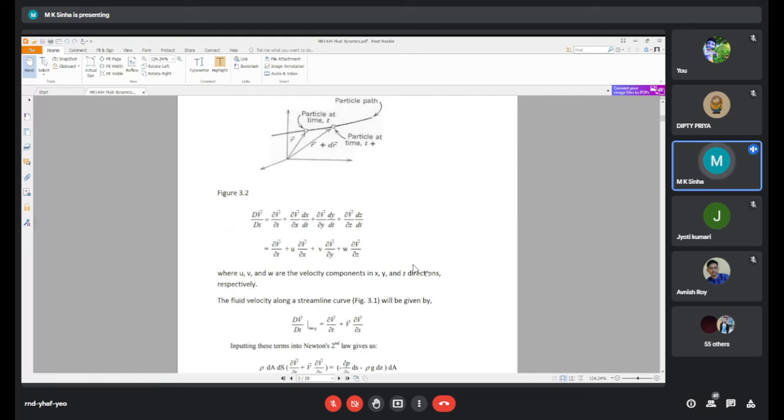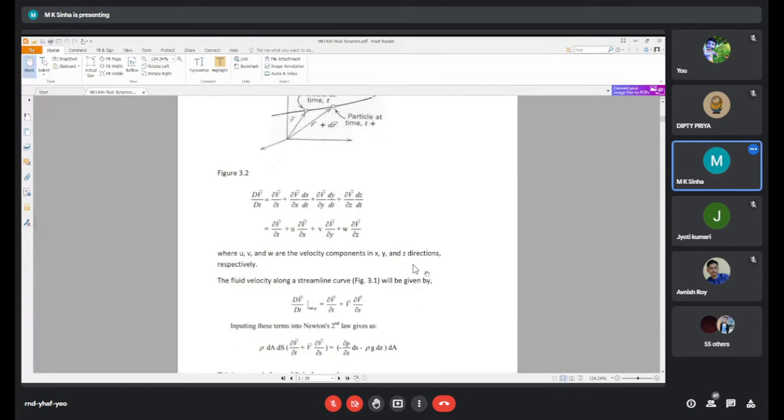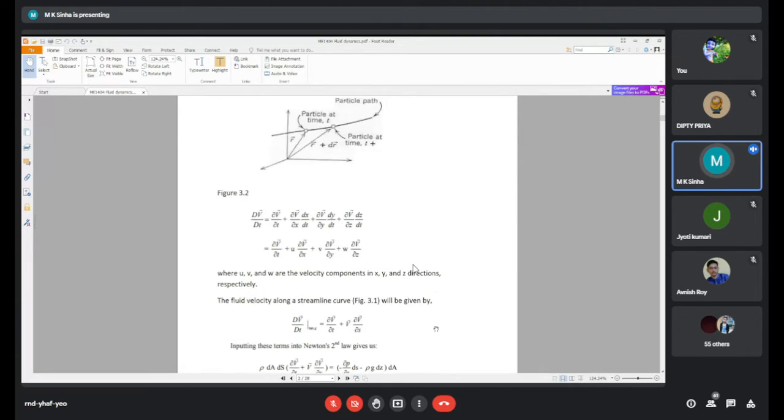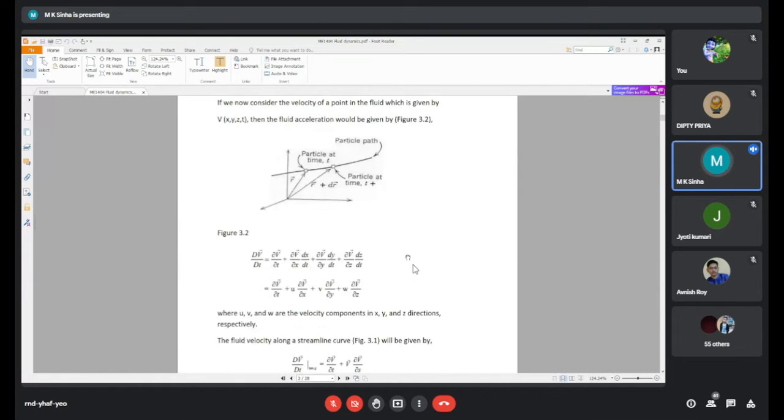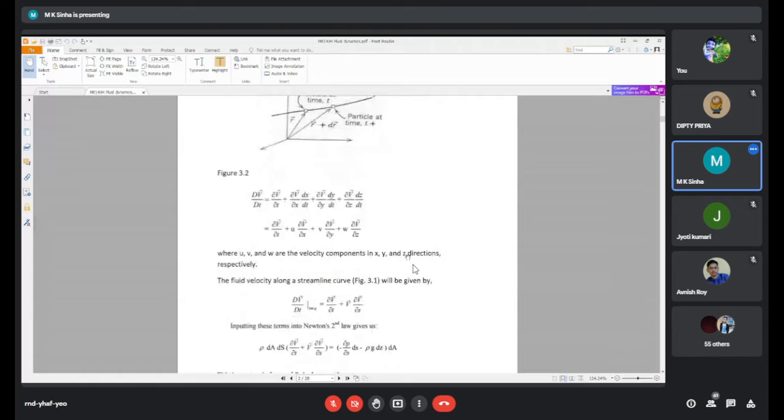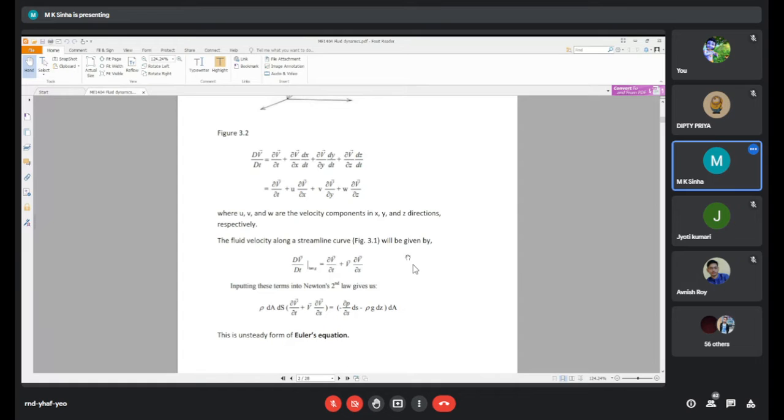Here u and v are the velocity components in the x and y directions, and the velocity along the streamline is tangent to that curve. So dv by dt is del v by del t local plus convective.